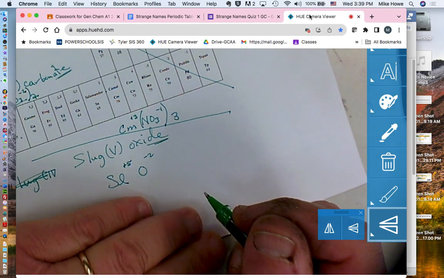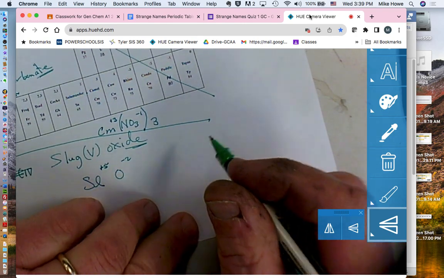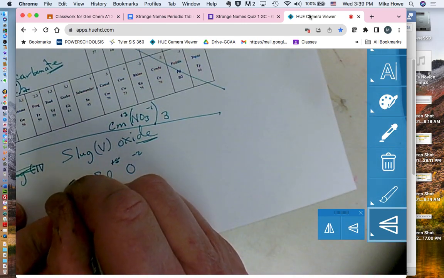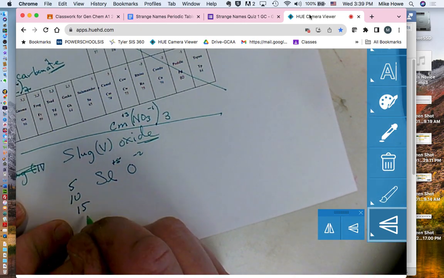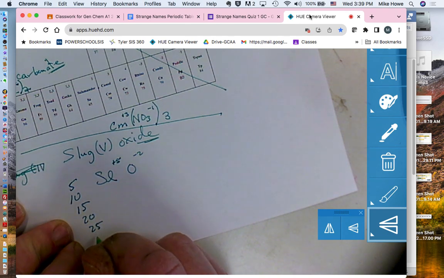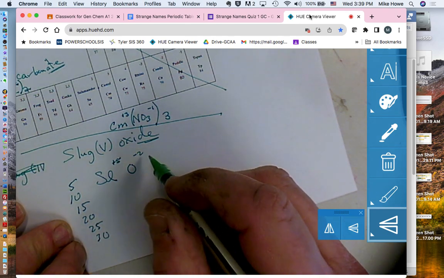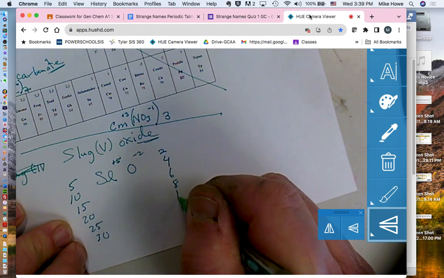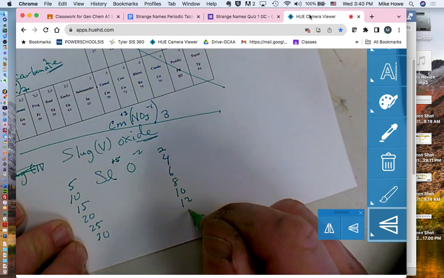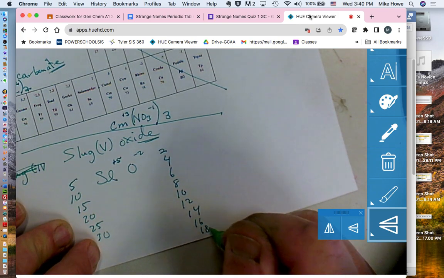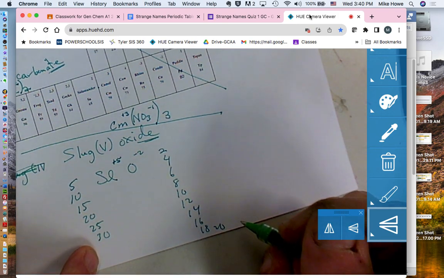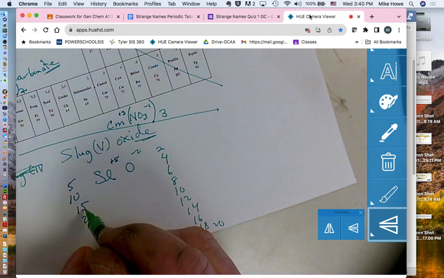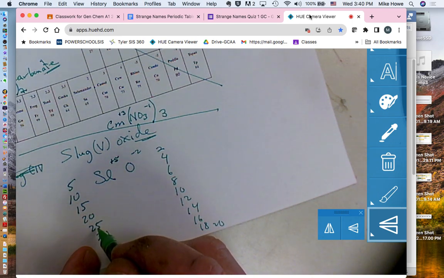Now we need to find the least common multiple of 5 and 2. Here's a quick lesson on what a common multiple is. If I started counting by 5s, I would go 5, 10, 15, 20, 25, 30. If I started counting by 2s, it would go 2, 4, 6, 8, 10, 12, 14, 16, 18, 20. These are multiples of 5: 5 times 1, 5 times 2, and so on.